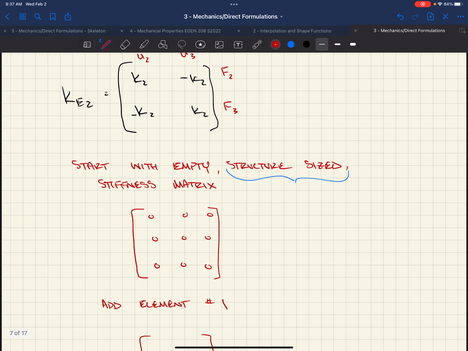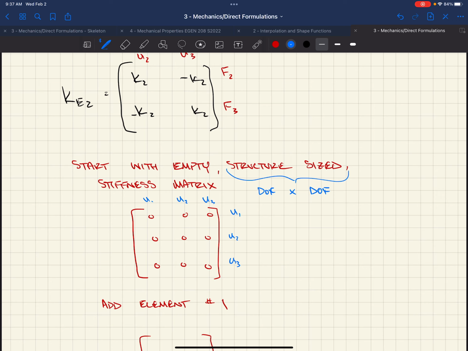So we start with an empty structure-sized stiffness matrix. What does structure size mean? Well, it just means it's the size of our degrees of freedom by degrees of freedom. In this case, we have U1, U2, and U3. Those are our degrees of freedom.